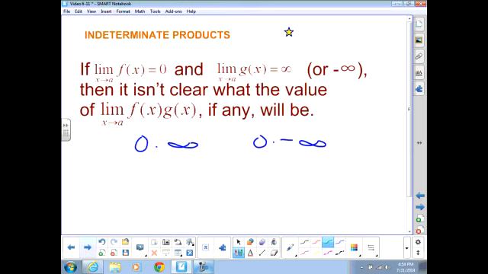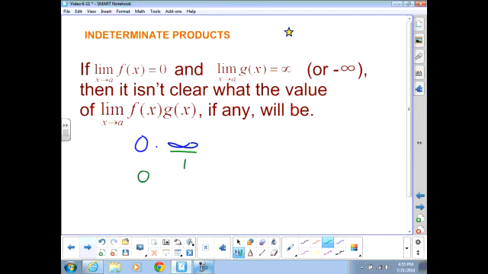Now, you can only carry out L'Hopital's rule if you have a 0 over 0 or an infinity over infinity. So what we'll have to do is try and write it in that form. And here's what we'll always do in this case. Let's forget about the negative for right now, because the negative is not going to change anything. Let's think of this as 0 times infinity over 1. Let's say we undid keep, change, flip.